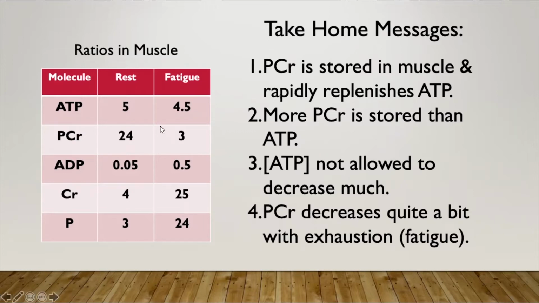And look at how much more, relatively more phosphocreatine is in the muscle than ATP, almost 5 times as much. Now, at fatigue, look at how little phosphocreatine is left in the muscle. But look at ATP. It's dropped very, very marginally.